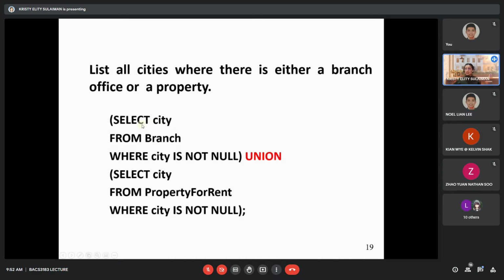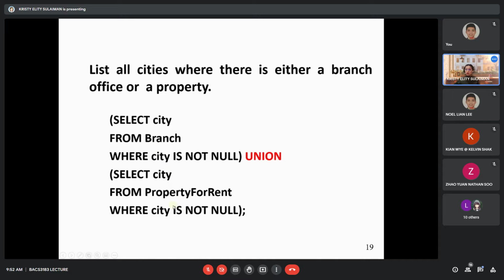So we select city, which means we select the attribute city from the table branch where city is not null, so there must be a value of city. And then we use the operation of union, and then you select the city attribute from property for rent where city is not null.